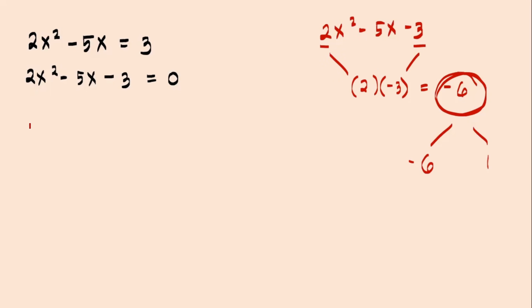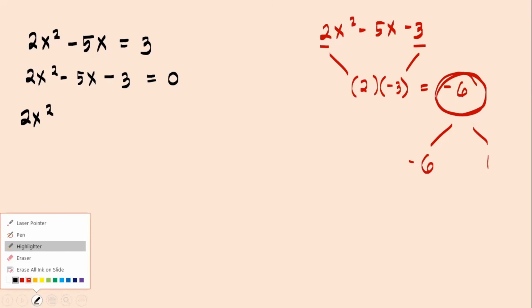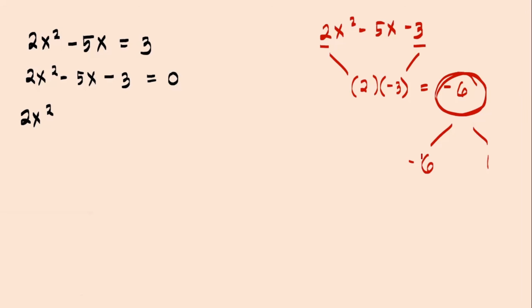Okay, so now, 2x squared. Sa halip na negative 5x ang ilalagay natin dito, ang gagamitin natin ay yung dalawang factors. Okay, which is negative 6x and 1x. Okay, negative 6 at positive 1.